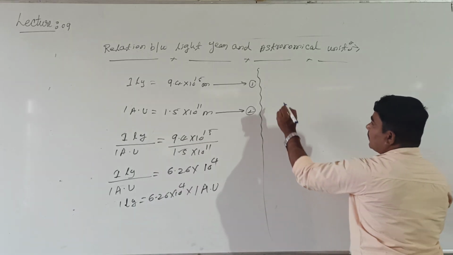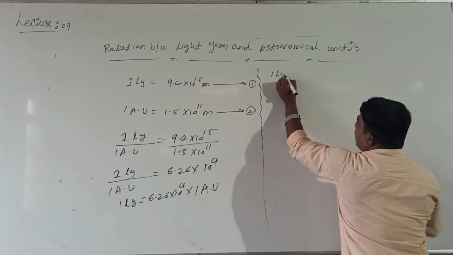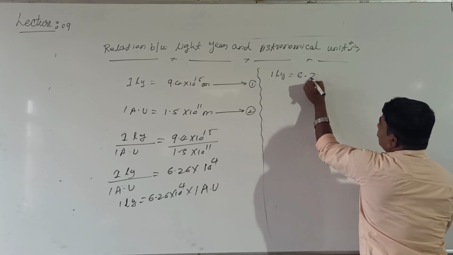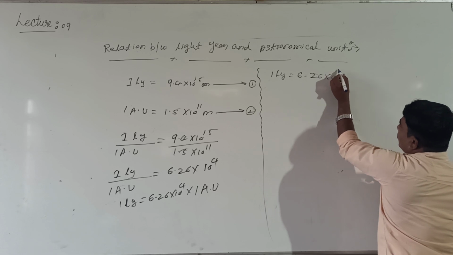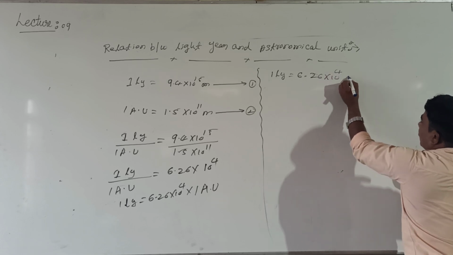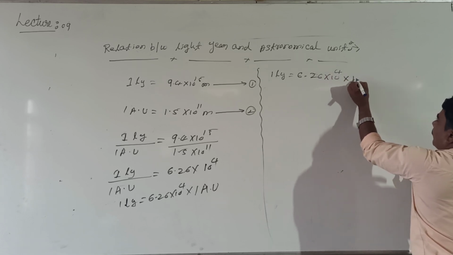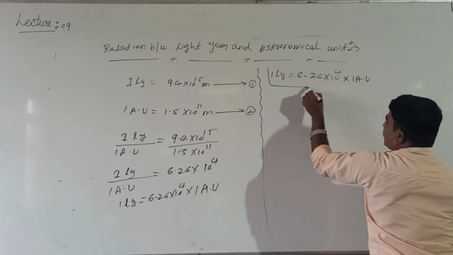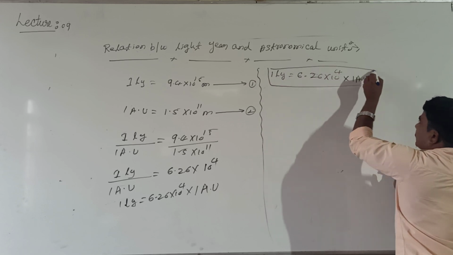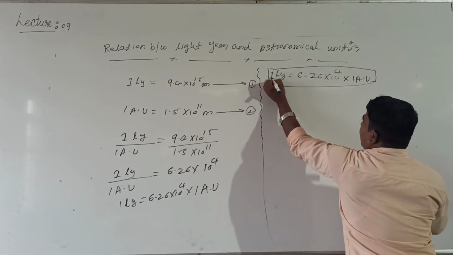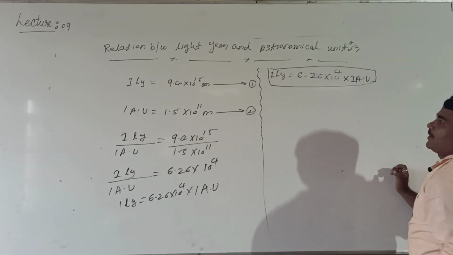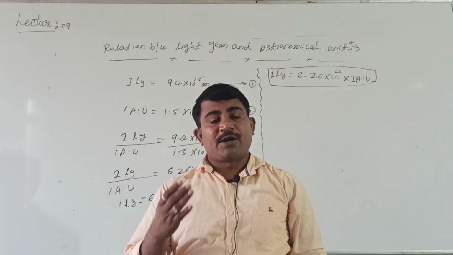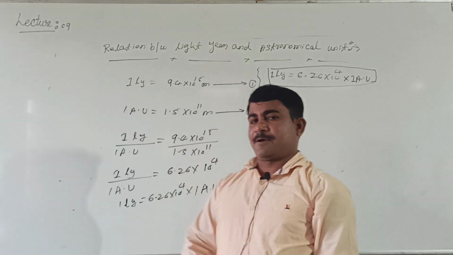Finally, what did you get? 1 light year equals 6.26 into 10 raised to 4 of 1 astronomical unit. This is the relation between 1 light year and astronomical unit. This is the one relation. What did I say? Relation between light year and astronomical unit.